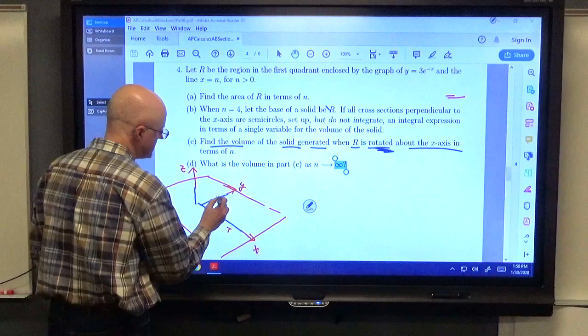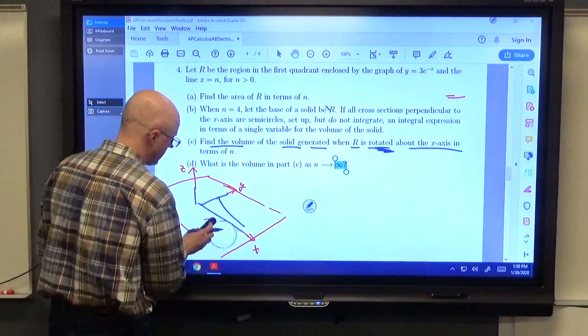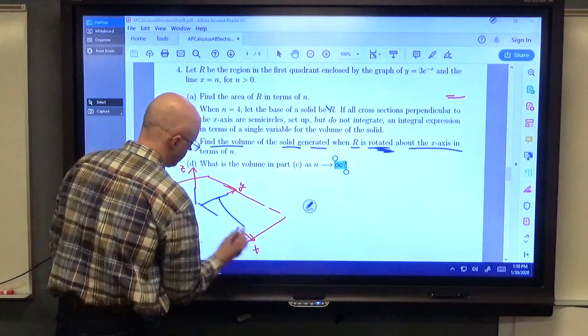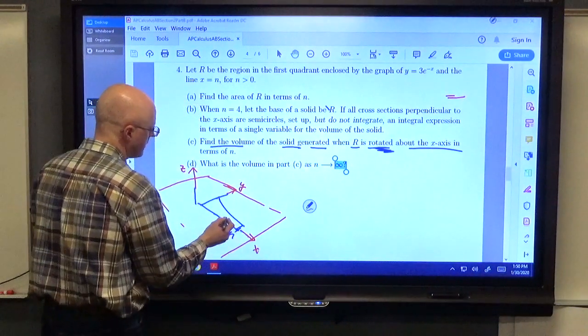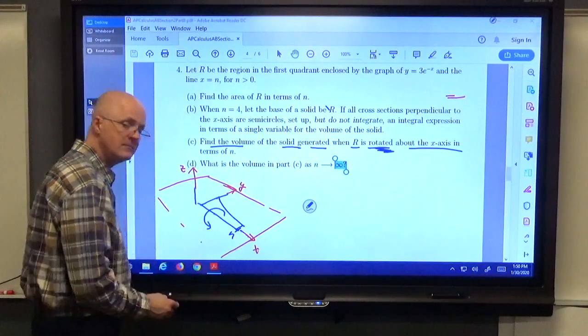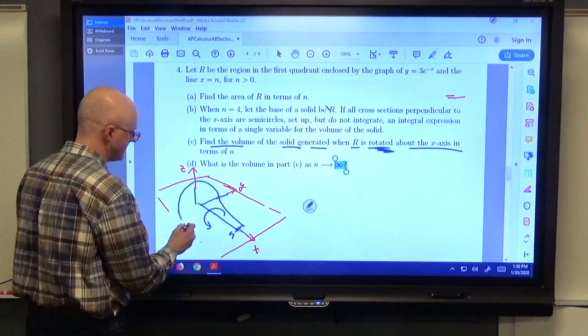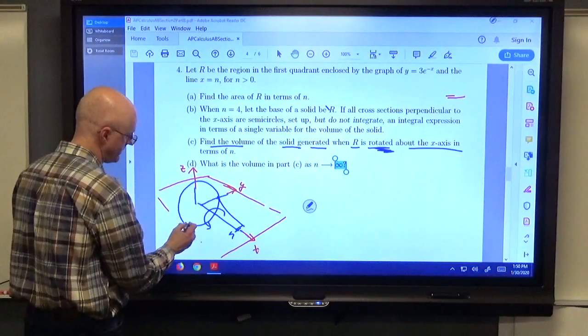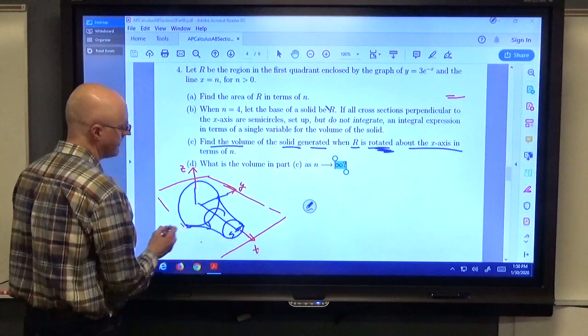I still have the same region R as before, although now I'm back to using an arbitrary n here instead of 4. I'm going to rotate that thing around the x-axis to get a solid that's going to be bigger than the previous solid. And this will look more like a full horn. Something about like that.